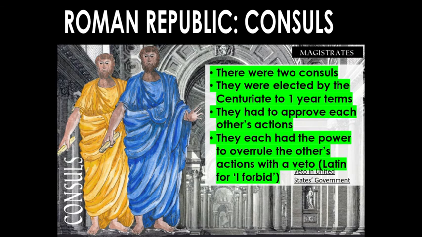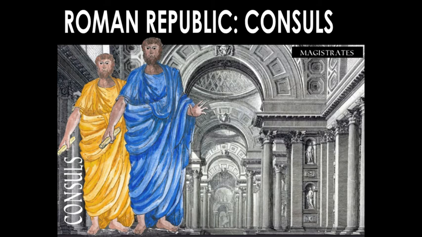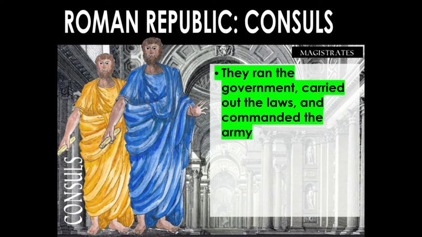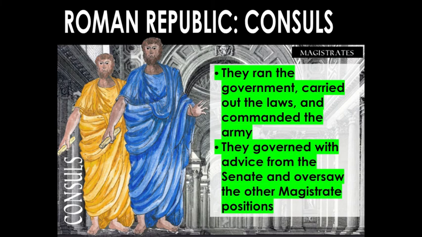And they each had the power to overrule the other's actions with a veto, which is Latin for I forbid. Veto, right? Okay. They ran the government. They carried out the laws and commanded the army. They governed with advice from the Senate and oversaw the other magistrate positions.